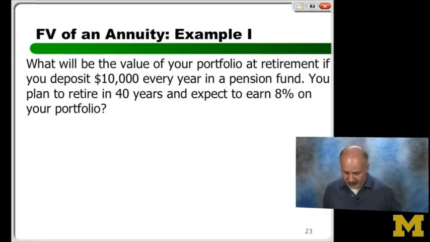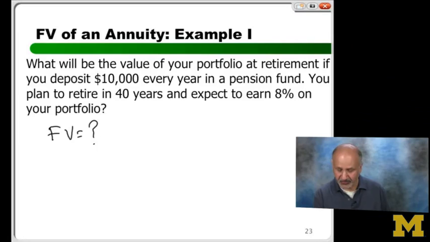So just so that we are working together, what did I do? I calculated future value. So in order to calculate future value, something that I don't know, I have to use the future value function in the calculator or in the spreadsheet.